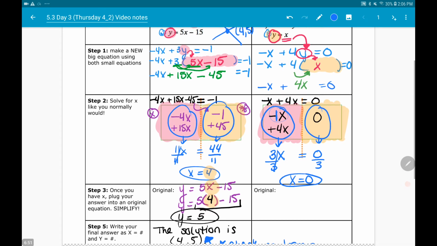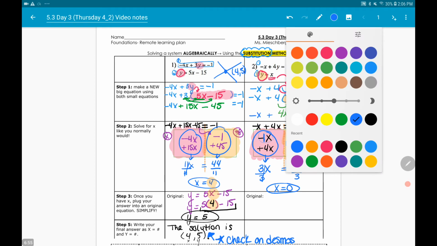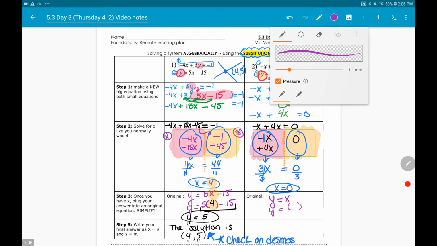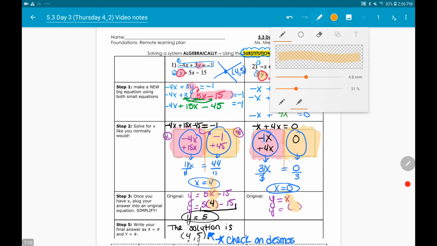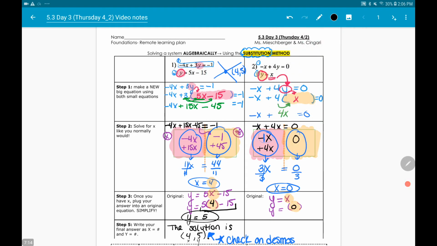All right, now, what original am I going to pick? Equation 1 or equation 2? You got it, I'm going to pick equation 2. Now, this one's a little different looking. I only have x, there's no other numbers. So I still follow the same steps. What do I plug in for x? I plug in 0.